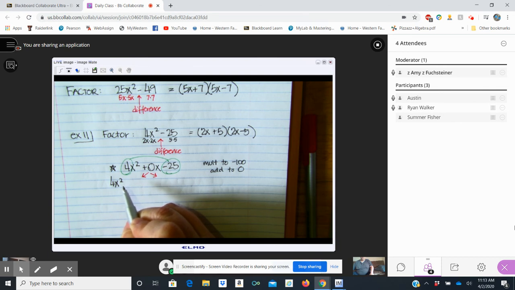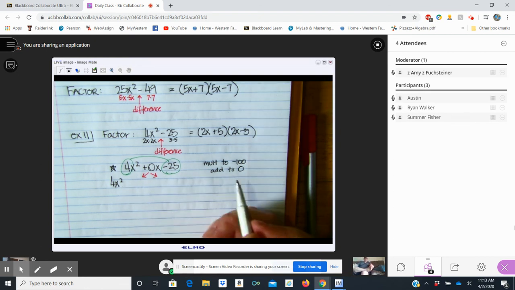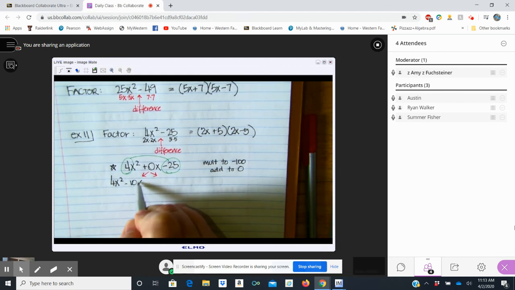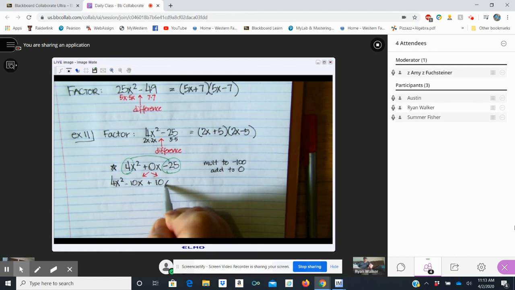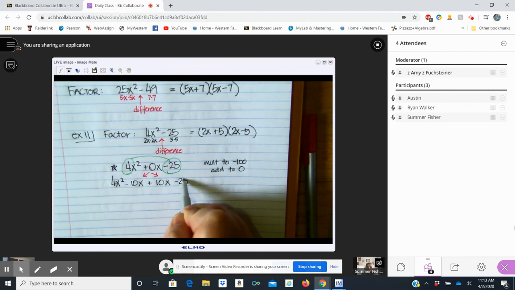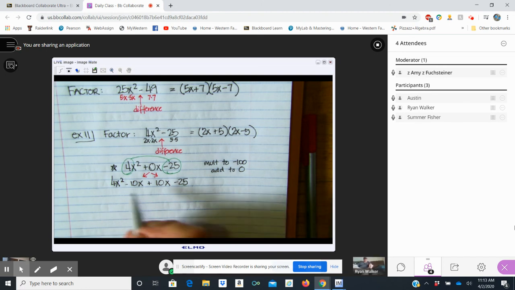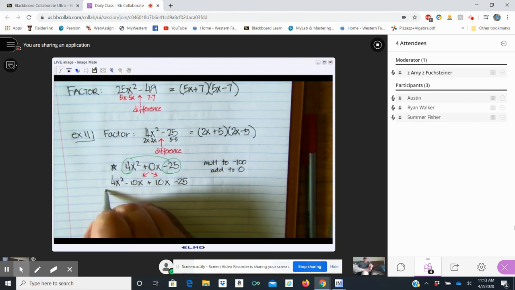You're right that the signs would be different, one positive, one negative, but it wouldn't be a 50. I could, however, use a minus 10 and a plus 10.